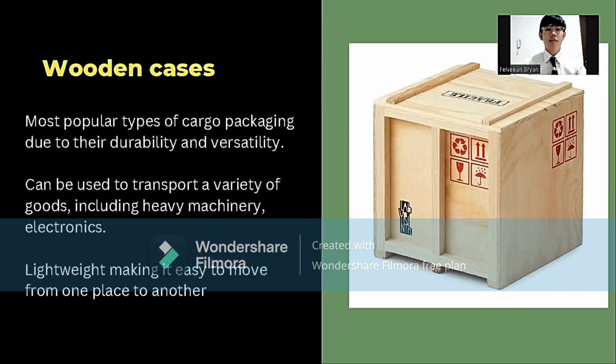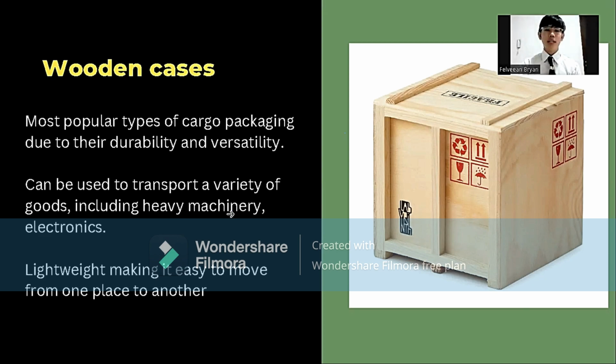Wooden case is the most popular type of cargo packaging due to its durability and versatility, and it can be used to transport a variety of goods, including heavy machinery, electronics, and even art. Art also can be transported using this type of packaging. This wooden case has a lot of advantages.